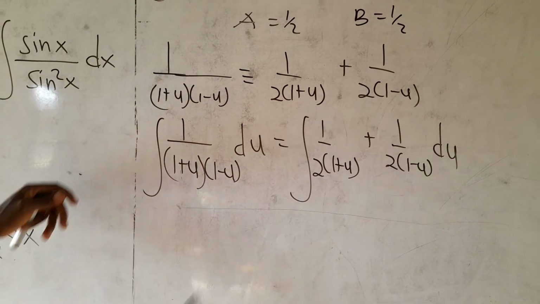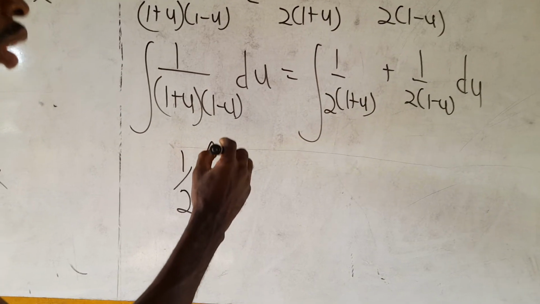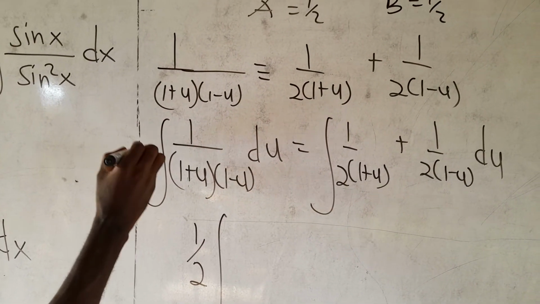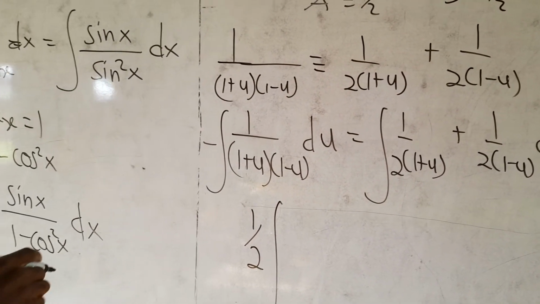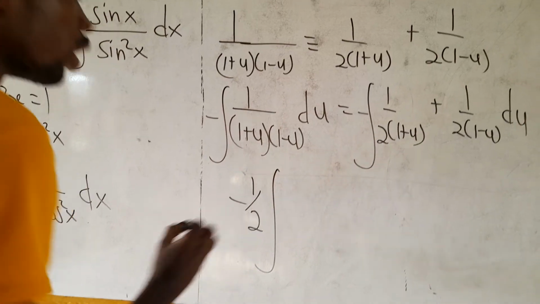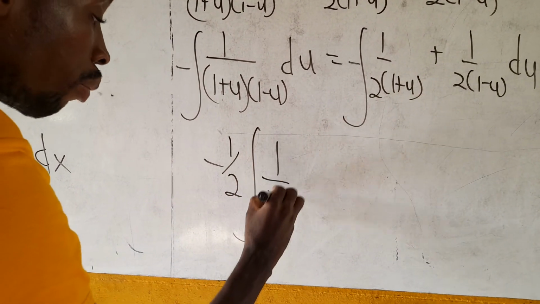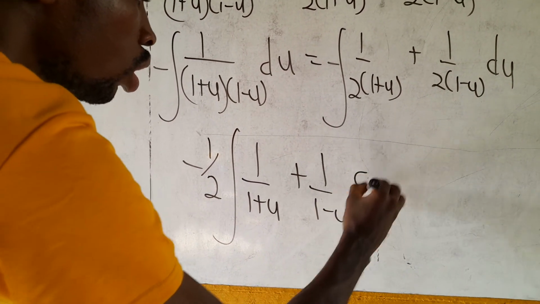We can bring the half out. So we have half the integral, and remember that there is a negative here because we pulled it out. So we have 1 over 1 plus u plus 1 over 1 minus u du.